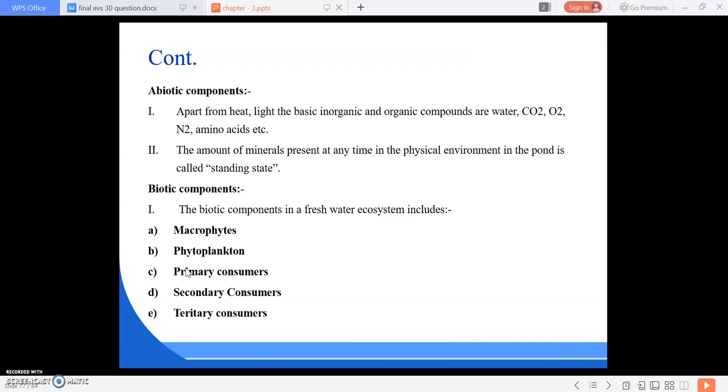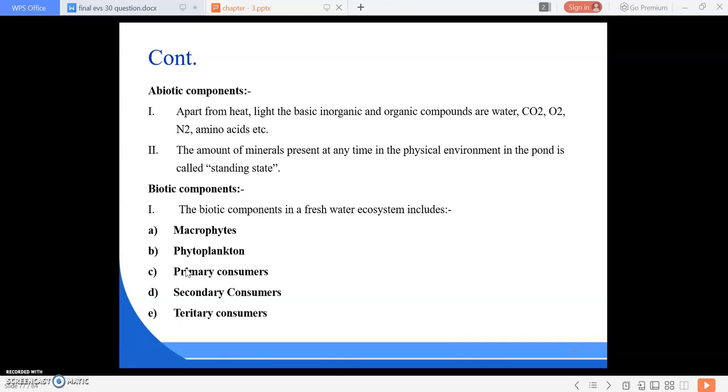So abiotic components, what are they? Apart from heat and light, the basic inorganic and organic compounds are water, CO2, O2, N2, amino acids, etc. The amount of minerals present at any time in the physical environment of the pond is called the standing state.